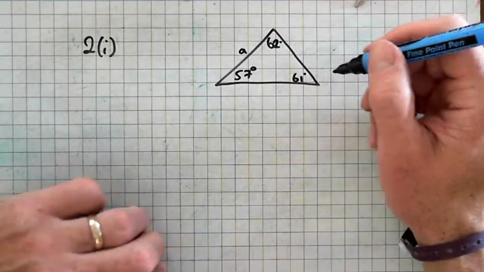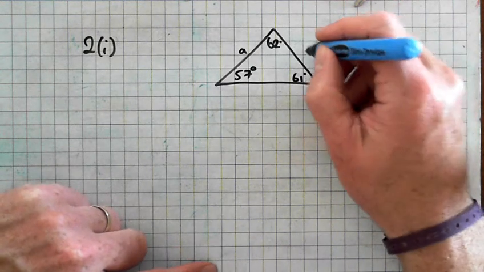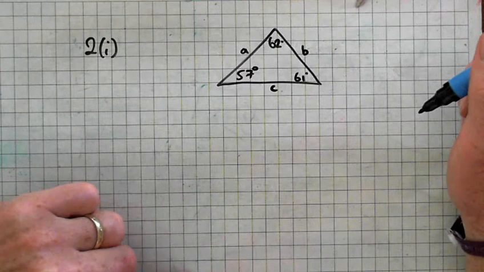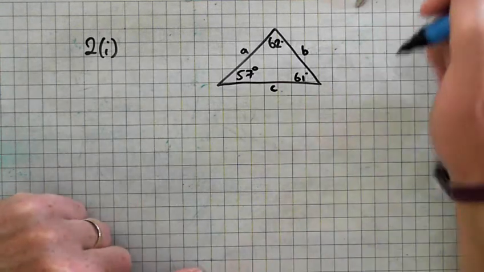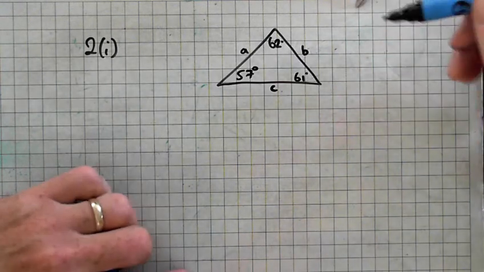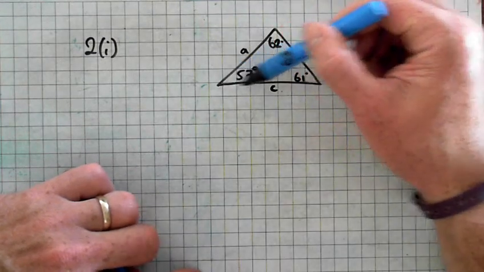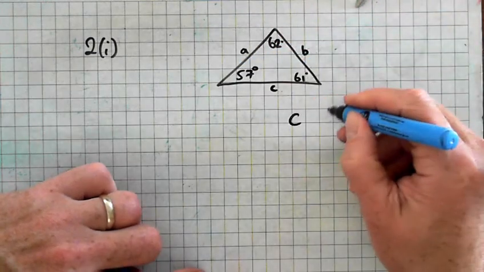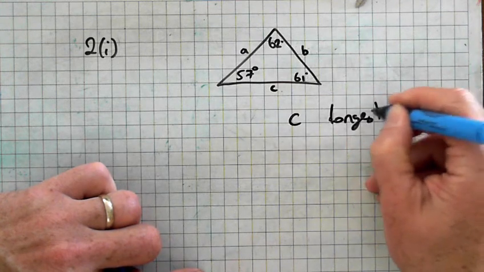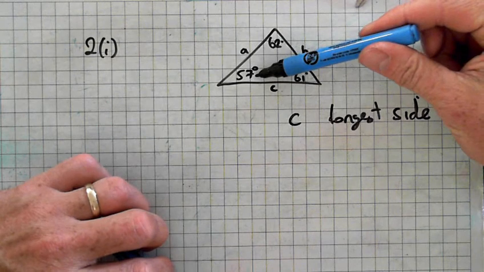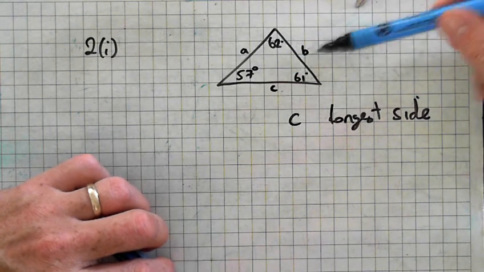Side a is written with small letters, side b, side c. Angles are written with capital letters. So which is the longest side? Which is the biggest angle, first of all? The biggest angle is 62, so the longest side is opposite. C is the longest side. And which is the smallest angle? 57, so the smallest side is b.